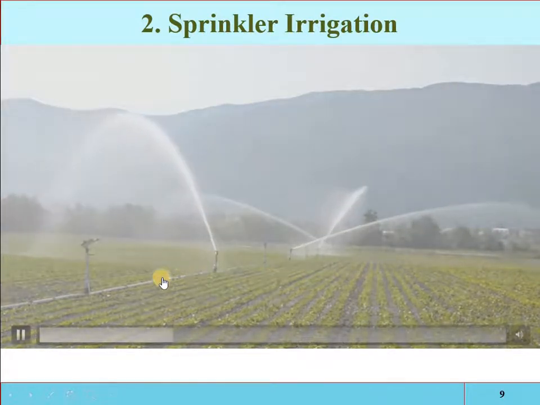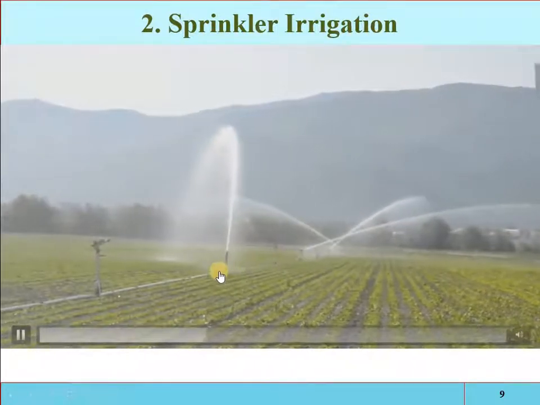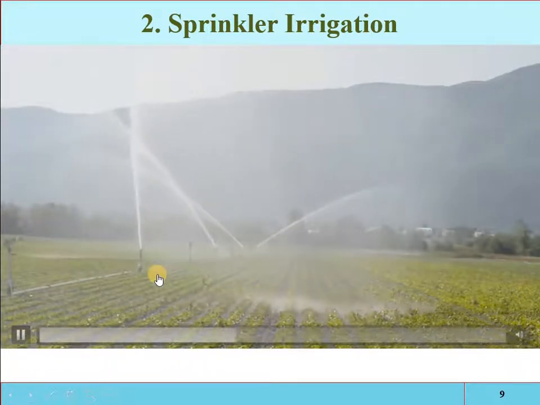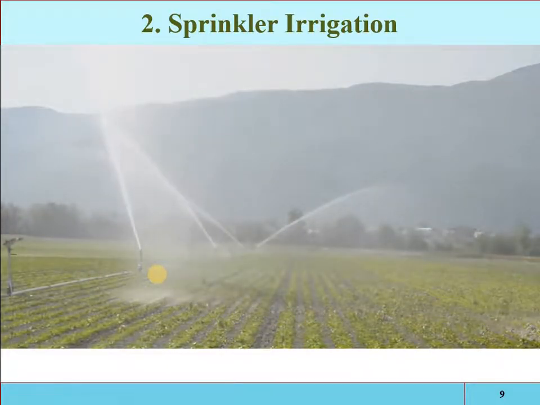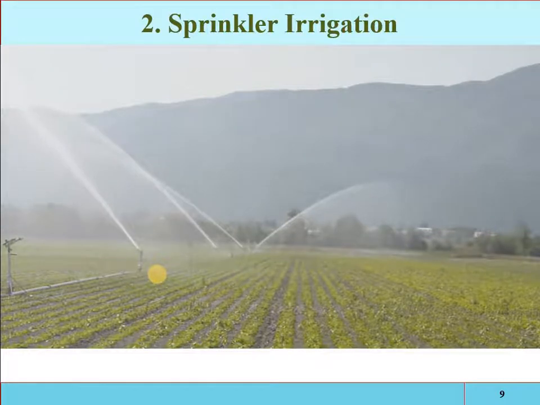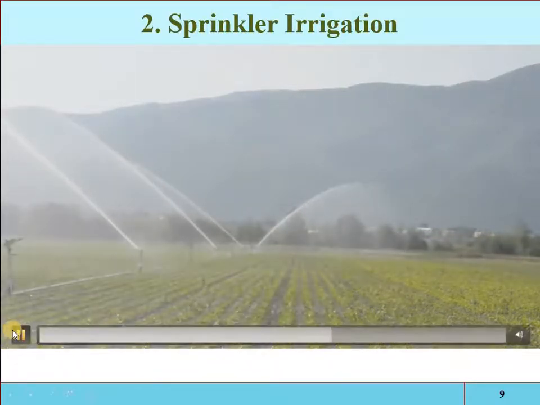See, these sprinklers are connected with the lateral. These are the guns, called single point guns. See, the water is applied in the form of artificial rainfall. The water is applied at a slow rate, so no runoff occurs, no ponding occurs, and the water is properly infiltrated by the soil.